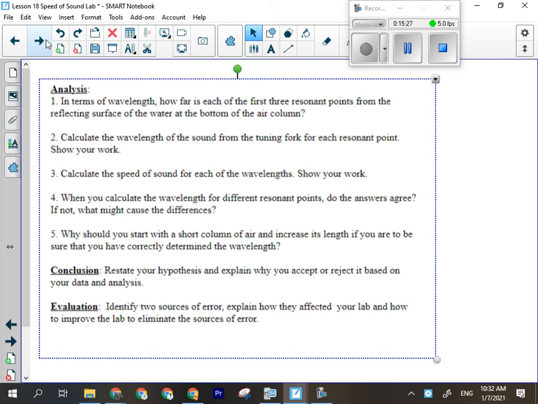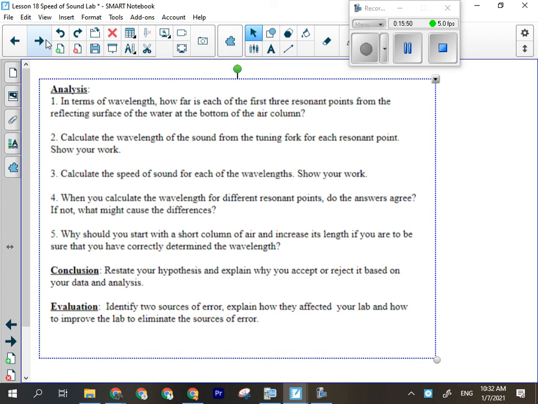Okay, so that's kind of what number 4 is looking for. Okay, and then for number 5, why do you start with the column of air being really short as opposed to really long? There's kind of a very logical reason why we start with the shortest one and move up from there. You guys can kind of think about that one and give me just a short written answer on that one.